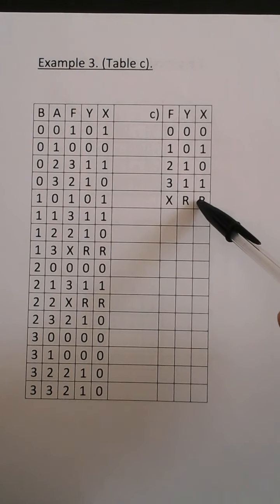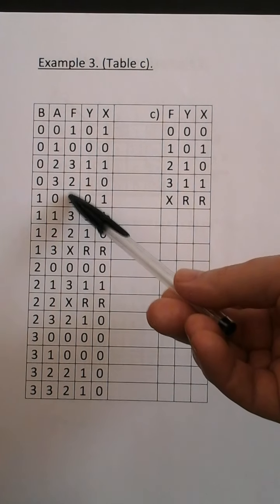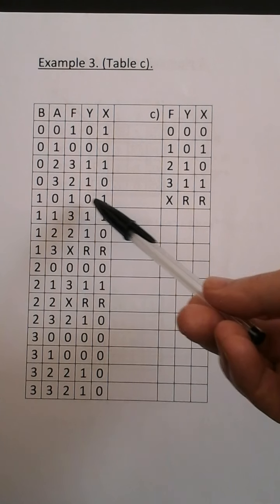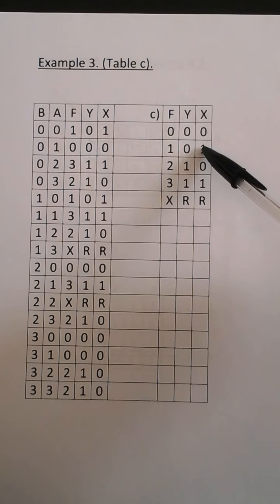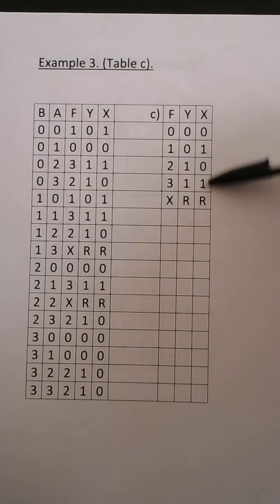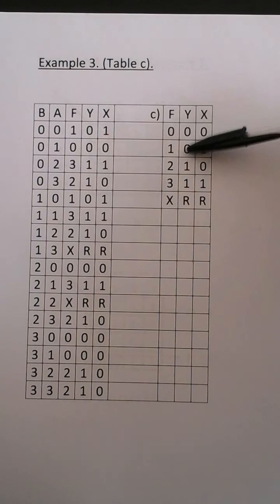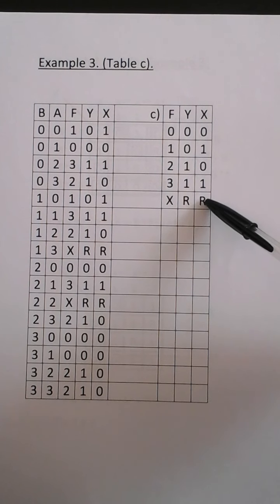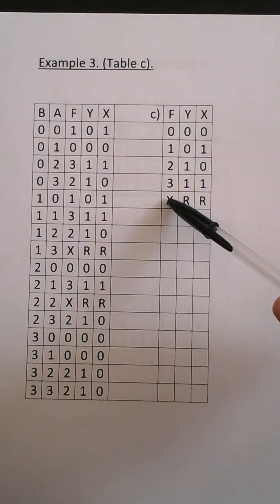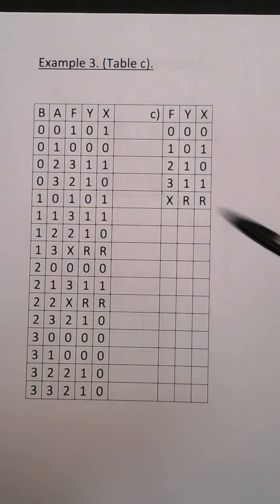If f equals 1, y equals 0, x equals 1. So for this, x assumes a value of 0 or 1, and y assumes a value of 0 and 1 too. The r assumes a value of 0, 1, and x assumes a value of 0, 1, 2 or 3.